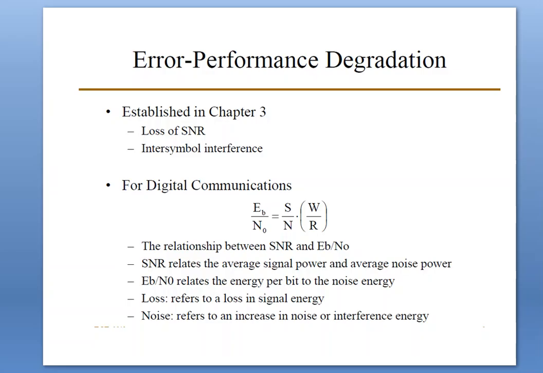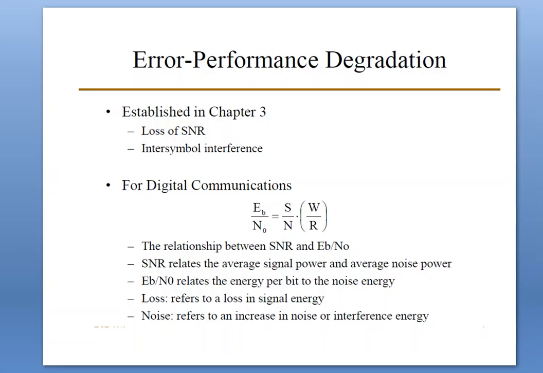For a digital communication, error performance depends on the receiver Eb/N0, which can be defined by the equation Eb/N0 is equal to the signal to noise ratio multiplied by the ratio W/R.